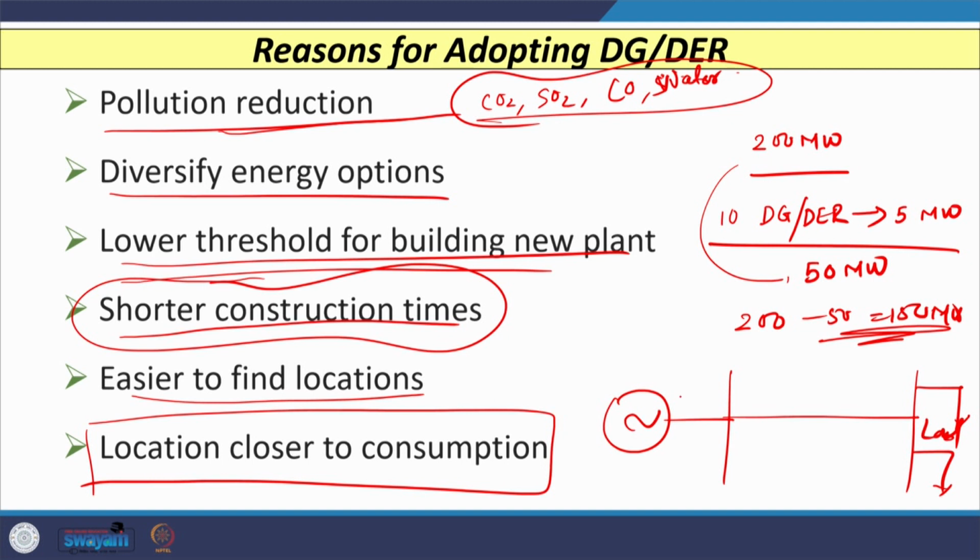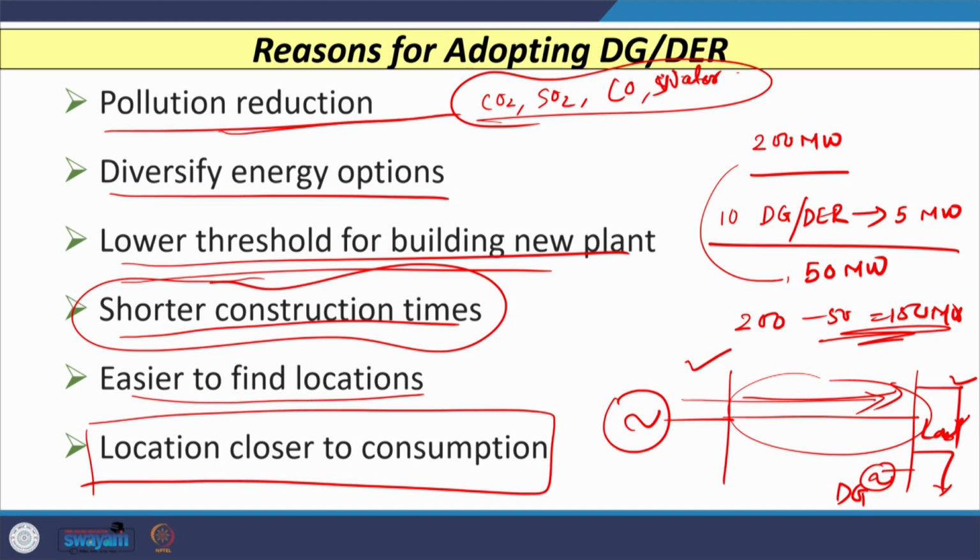In this case we have to transmit the power from this point to this point where the load is actually situated, so transmission line losses are there. However, if we adopt DG or DER, we can connect several DGs or DER here where the load is actually situated, then the power to be transmitted can be reduced, and hence the transmission line losses can also be reduced.